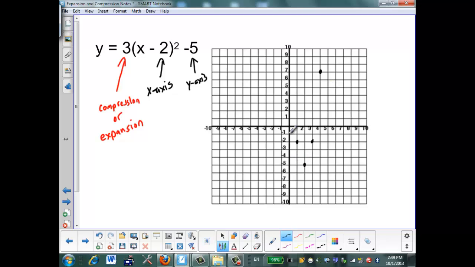And we're going to do the same thing going in the negative direction. So you can see our parabola has been translated to a new vertex, and then our graph is made skinnier by the factor of 3.